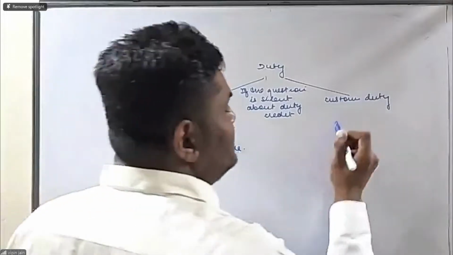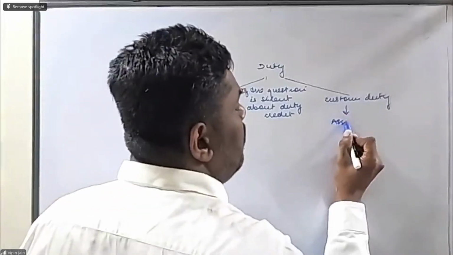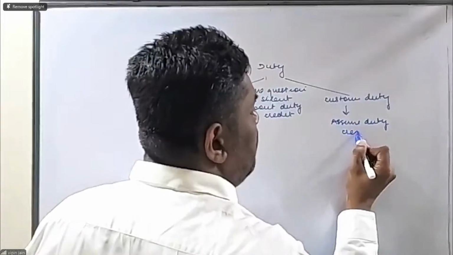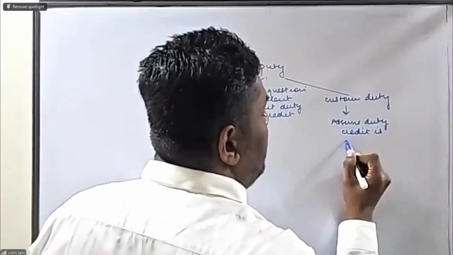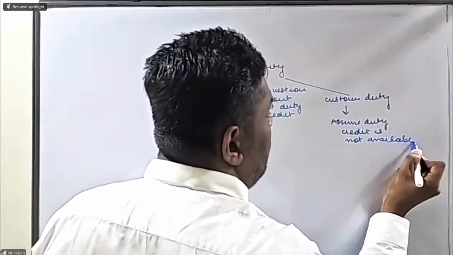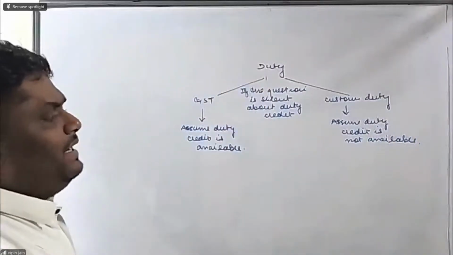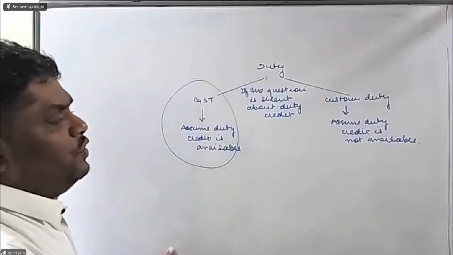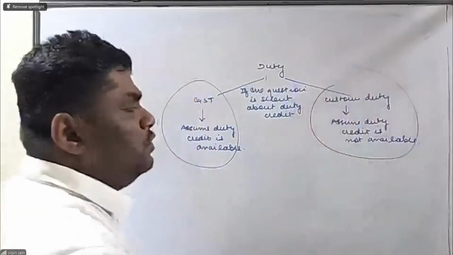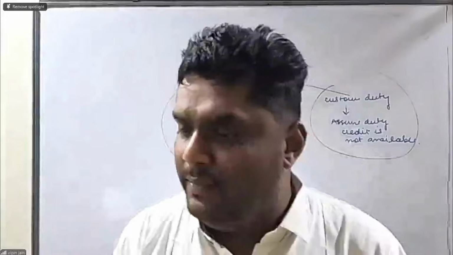And in case of custom duty, assume duty credit is not available. So if the question is silent, in case of GST, we will assume that the duty credit is available, and in case of custom duty, we will assume that the duty credit is not available.